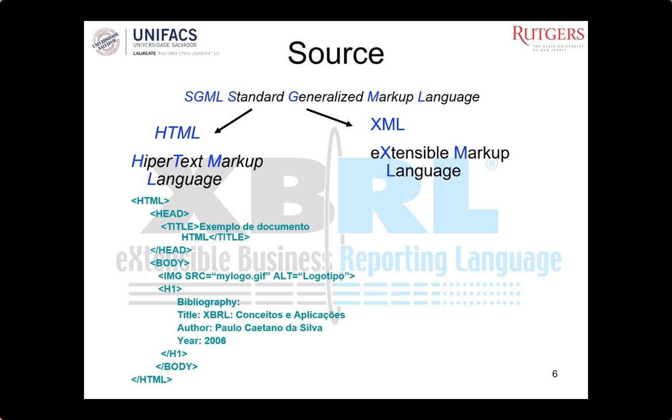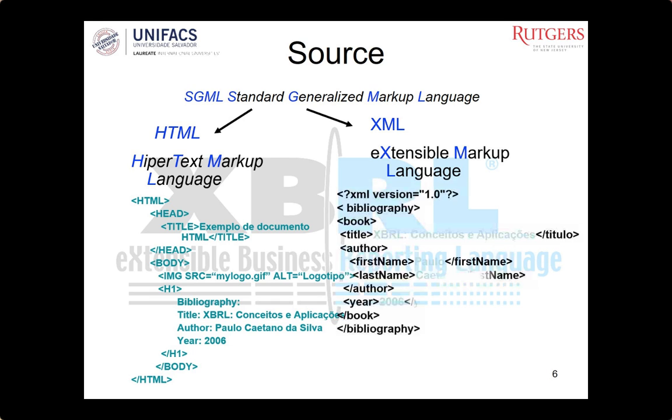that was built for inputting semantics on the data. So with XML, I can build our own tags, and these tags have semantics. So the information that was here, a software application can process it, because this tag H1 doesn't give the semantics of the information.